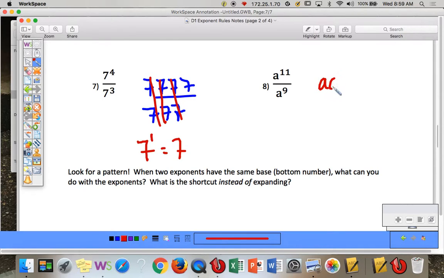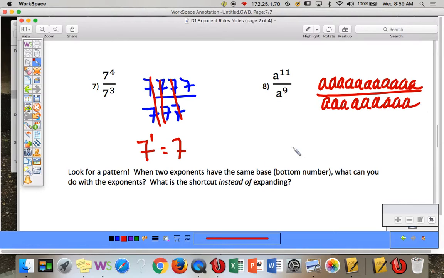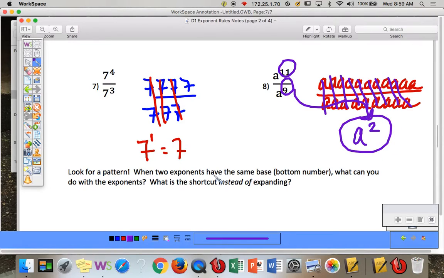A to the 11th, that's 11 a's, over a to the 9th. Let's cancel here, and we have a squared. So again, the question is, how do we take these numbers here, skip the expanding, and get the answer?